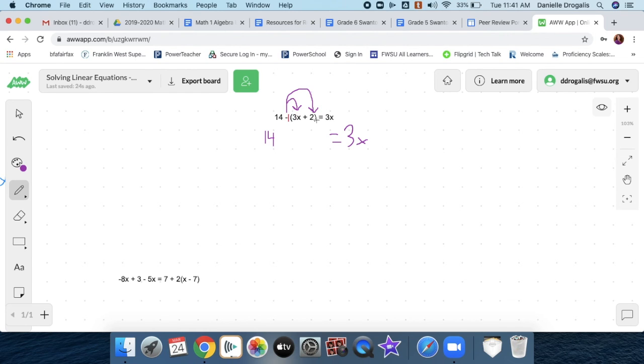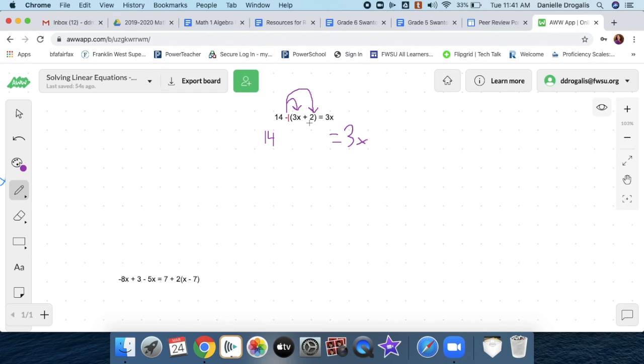Now, let's say you didn't see it was a negative 1, but you just saw the negative. Another way you could think about it is anytime you see a negative outside of a grouping, it's really communicating opposite. Create the opposite of what is inside. And so right now we have a positive 3x and a positive 2. So what are the opposites of those two terms? Well, the opposite of 3x is negative 3x, and the opposite of 2 is negative 2.